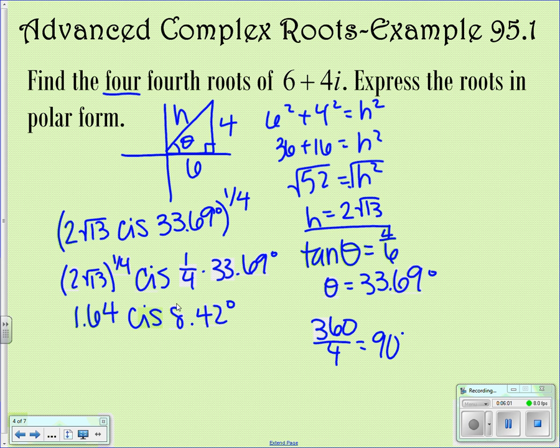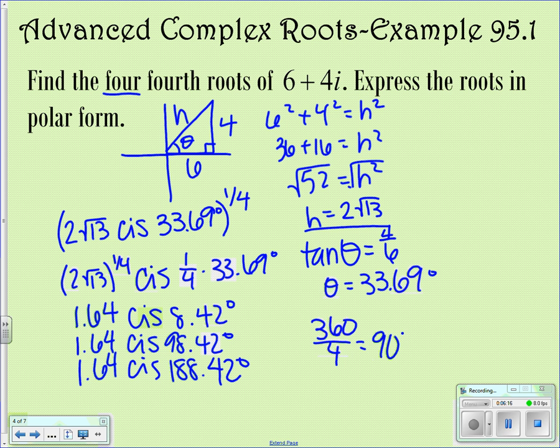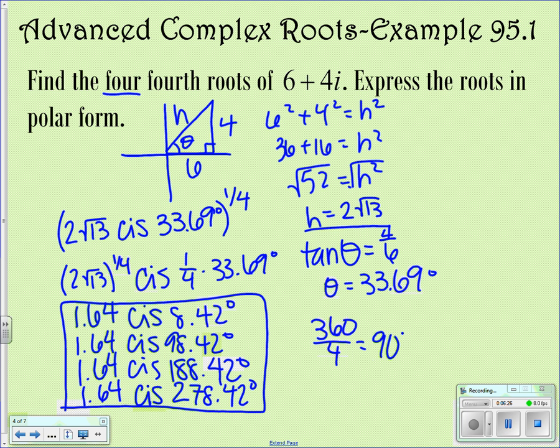And so you're going to add 90 degrees to each angle. So you have 1.64 CIS 98.42, 1.64 CIS 188.42, and then 1.64 CIS 278.42. And so these would be your 4 fourth roots.